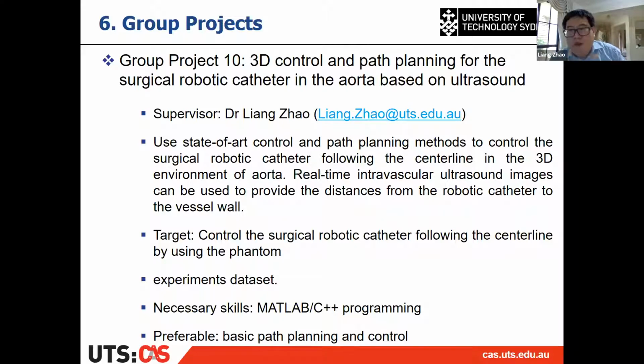For example, if you control the catheter robot and it's quite close to the vessel wall, it will break the vessel wall and it will kill the person, right? So we are not aiming for that. We are avoiding that. Which means the best way of controlling the catheter robot is to follow the center line of the aorta. And what you have is the image from the ultrasound, which is the cross section of the vessel wall. Again, for this project, you are only working on some data sets.